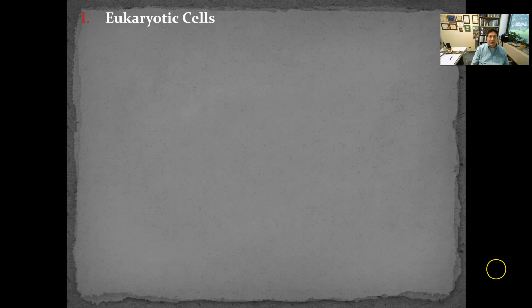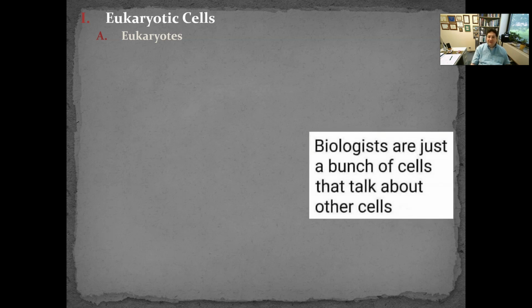Now, organisms composed of eukaryotic cells are known as eukaryotes. Eukaryotic cells are more advanced. So, for example, we humans and plants and animals and fungi are all eukaryotes. So, in a sense, us biologists here are just a bunch of cells that talk about other cells, right? Your body's made up of cells, and we're talking about other cells.